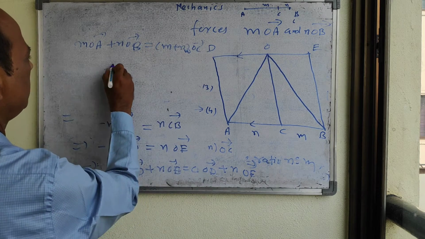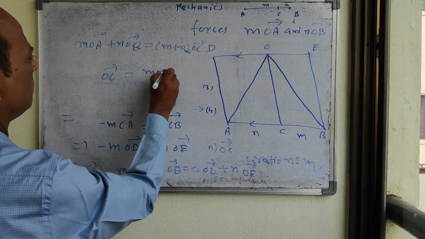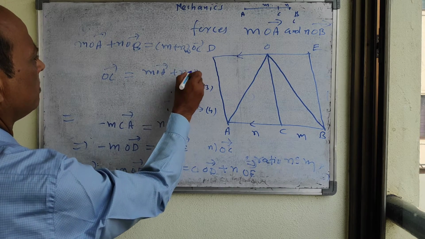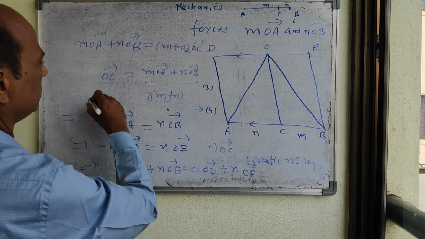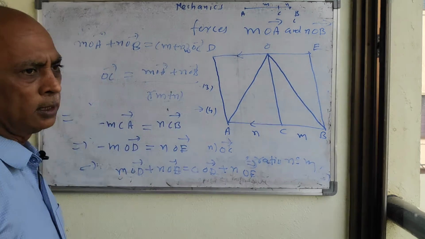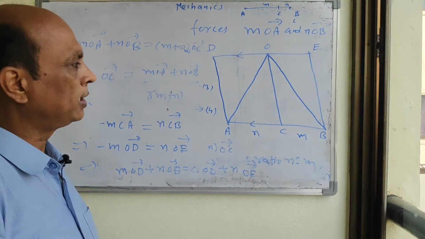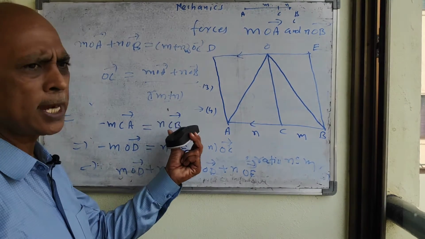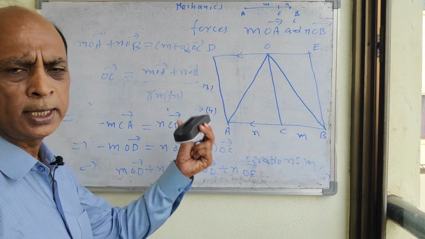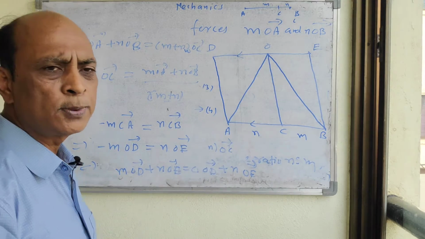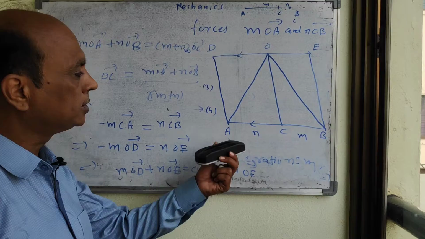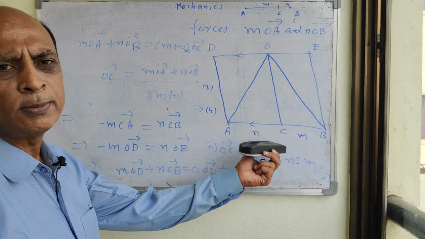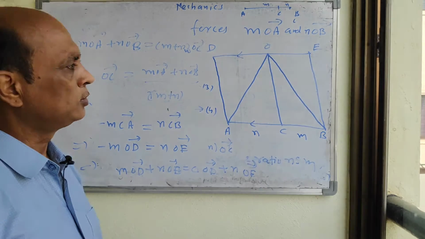That is, OC bar is equal to (m OA bar plus n OB bar) upon (m plus n). So C divides AB internally, and therefore from this we can say that the resultant of m OA bar and n OB bar is represented by (m plus n) OC bar, where C is the point which divides AB internally.